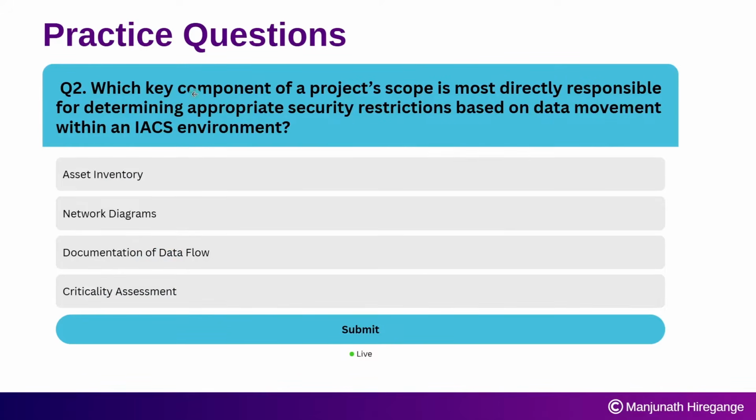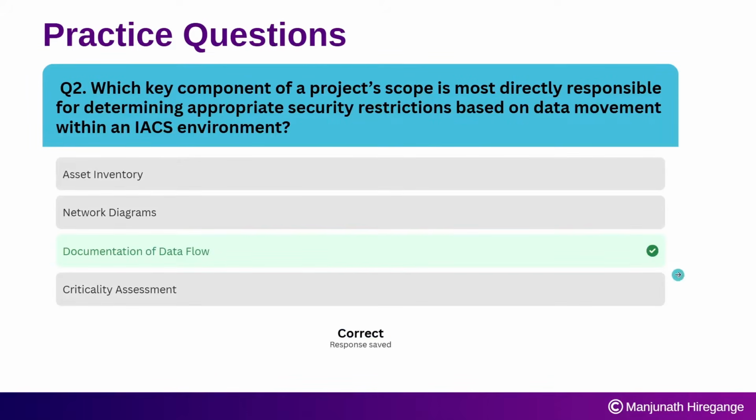Please read the question carefully. The key pointer is security restrictions based on the data movement. So that points to documentation of data flow. And this document tracks how data moves within the system.